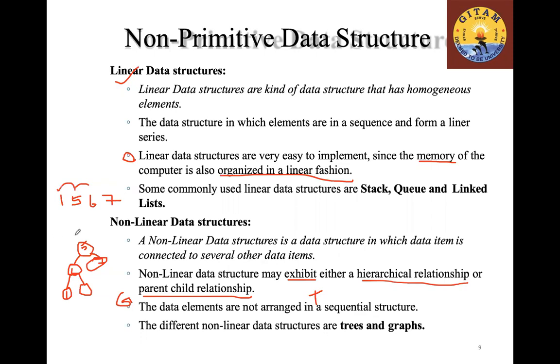Now here, how many hops are there? 5 and 7 directly. And if you want to go to 1, you can go from 5, 6, 1. There is no need to touch these two elements. Here you need to touch all the elements if you are calling the last element, right? So this structure is the non-linear data structure, and this structure is the linear data structure.